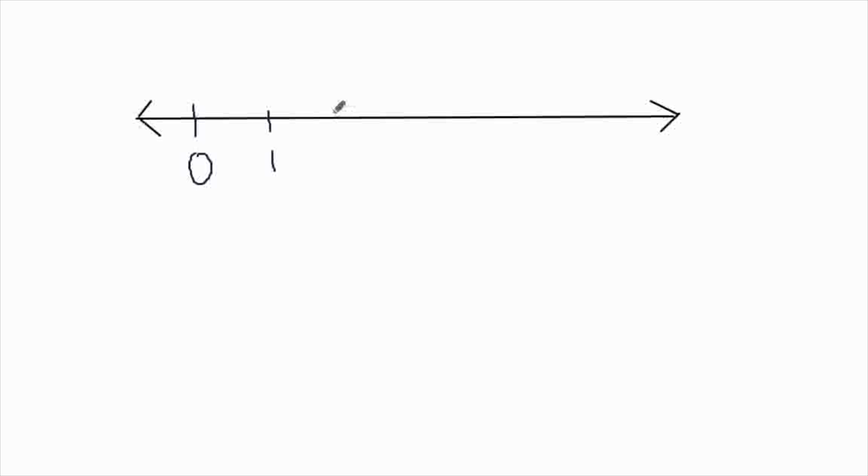Now let me make a quick comment. It might seem like thinking about addition and subtraction on the number line is pointless or unnecessary. Please just take it on faith that later on, when we learn about more complicated stuff, you're going to be glad that you've got your brain used to thinking about addition and subtraction this way.